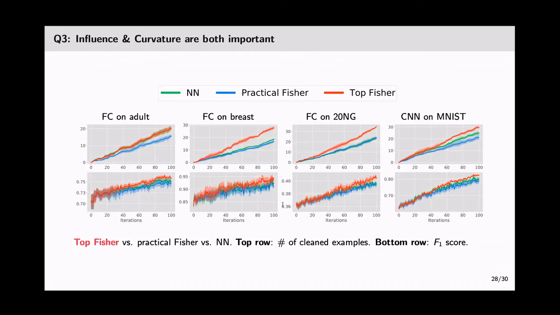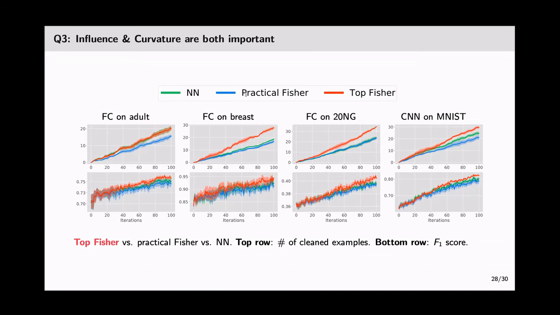In the last experiment, we compare again our method, top feature, red line, against 2 alternatives. The green one is nearest neighbor, which means when I have a new example, I take the nearest example to it.